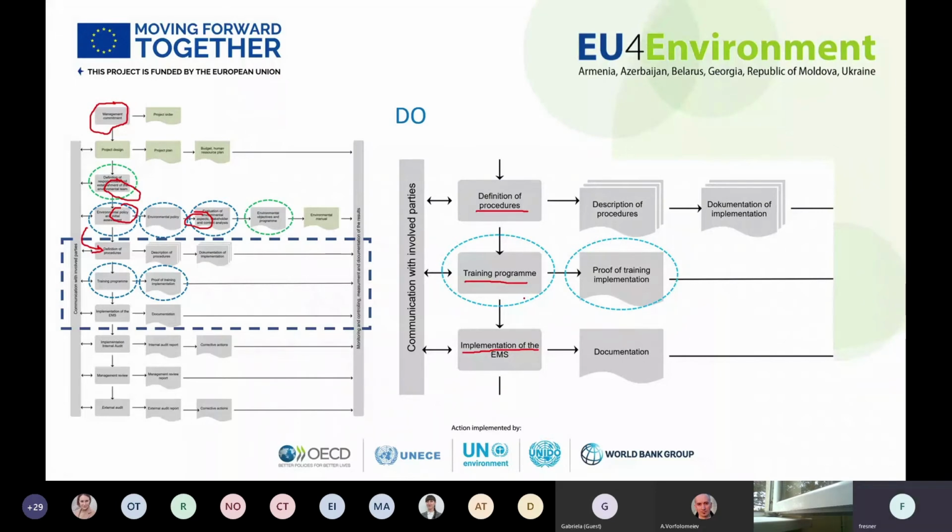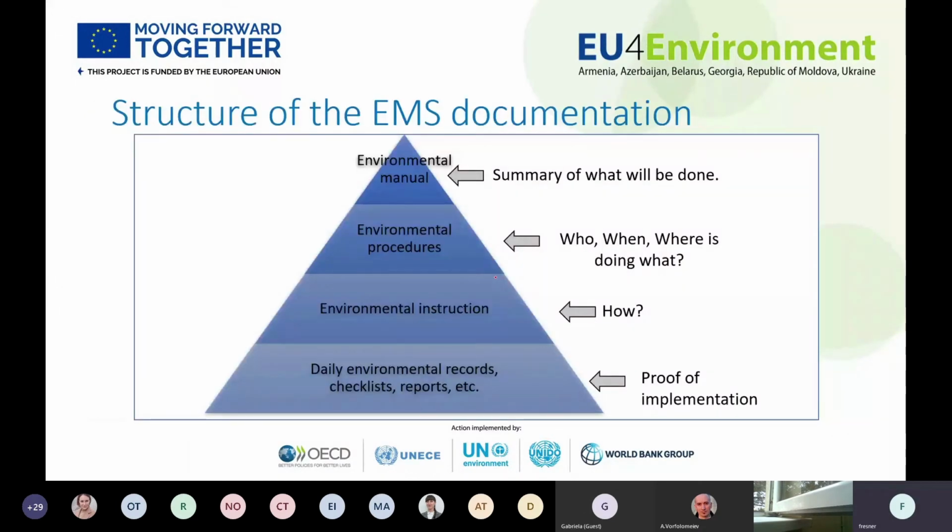So now into details. You remember this pyramid of environmental management system documentation. On top now we have the manual. The manual really is the entry point. It gives an overview, a summary of all the interactions and procedures and obligations and documents.